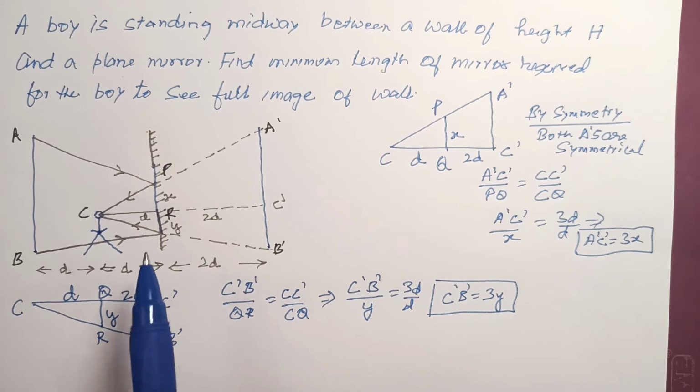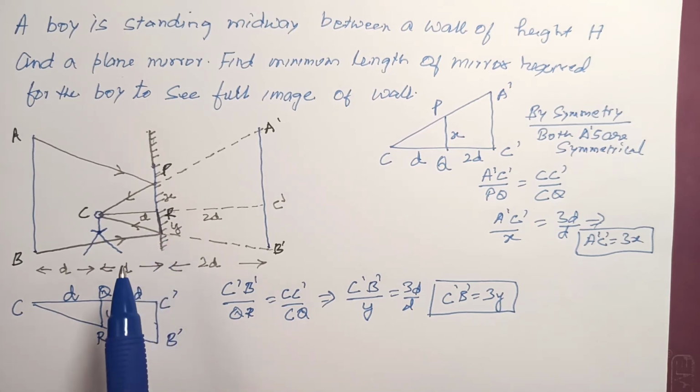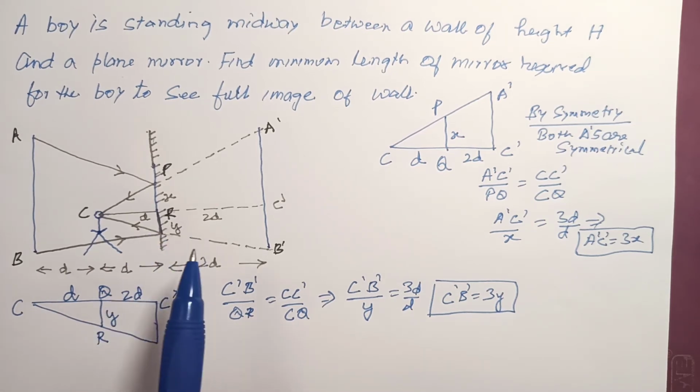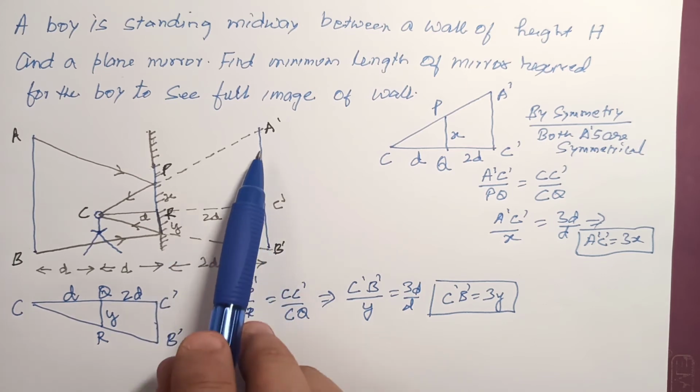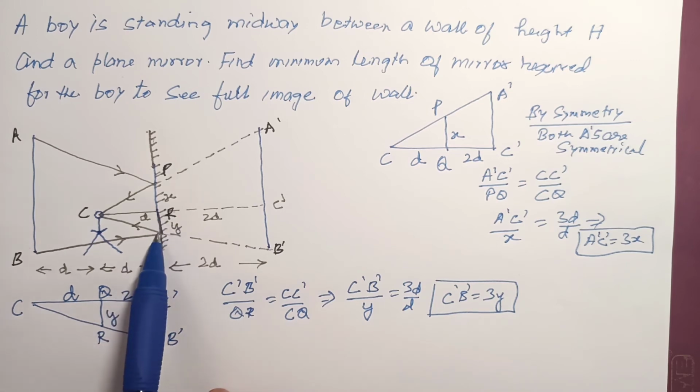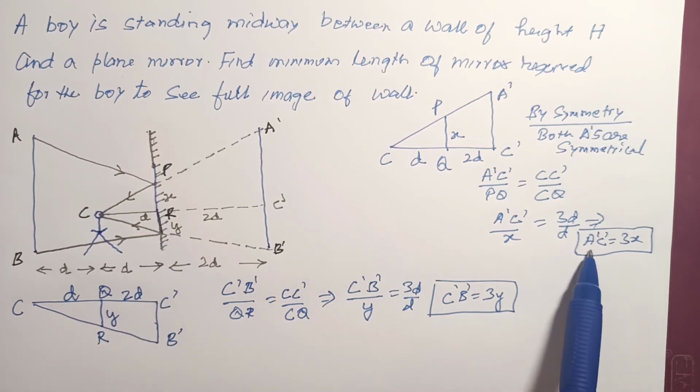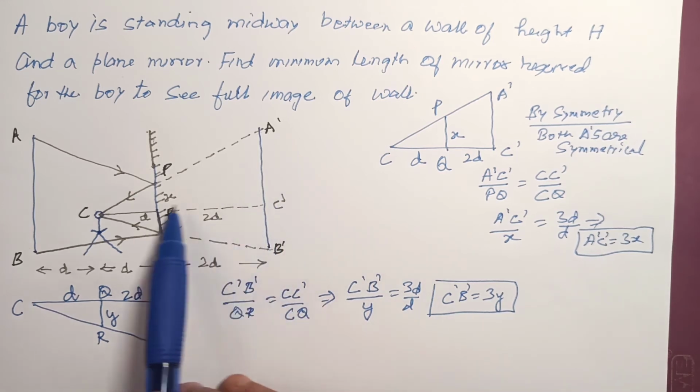So C dash B dash is 3 times this, and A dash C dash is 3 times this.